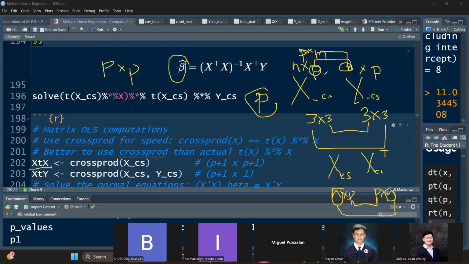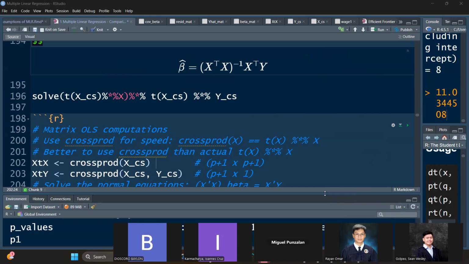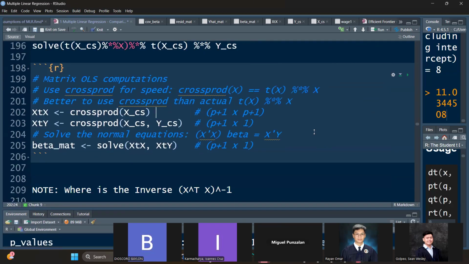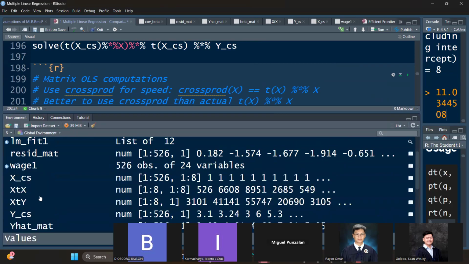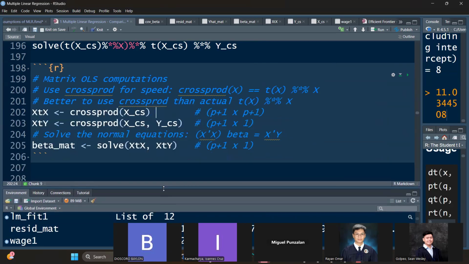And then if you get the cross product, class, kindly do that. If you don't have it yet, or if you closed it and might have deleted the results here. If you check X transpose X, class, I'll not run it anymore. I ran it a while ago. You notice it's 8 by 8. So this is an array, class. How do I know it's an array?